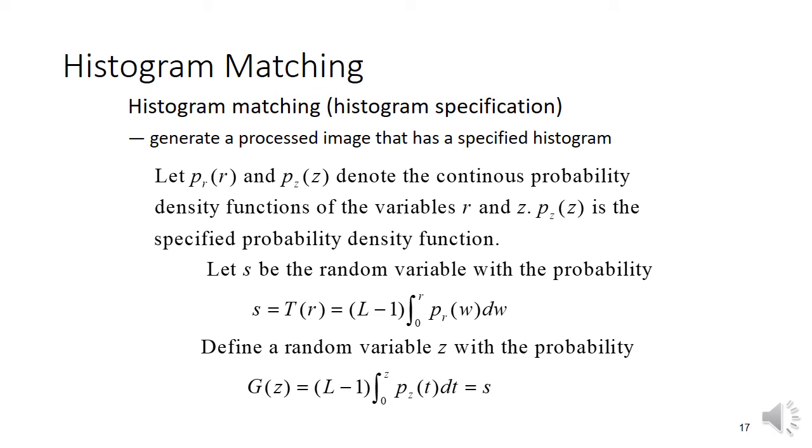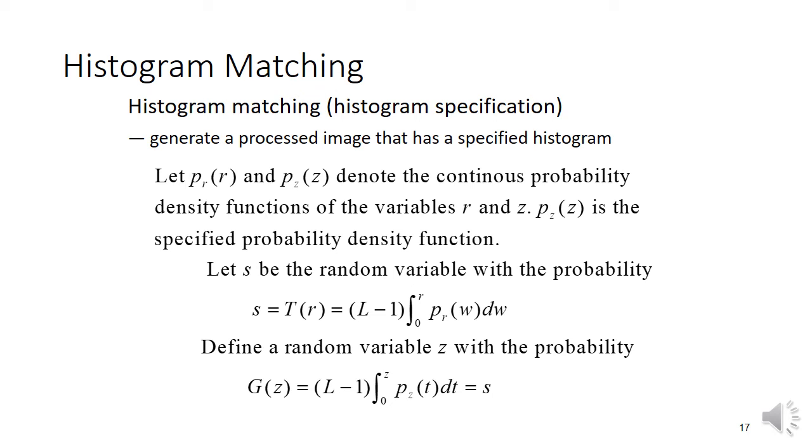Similarly, let s be a random variable, obtained after applying a transformation function upon input value r, which is equal to (L minus 1) times the integral from 0 to r of p_r(w) dw. And we define a random variable z with the function G(z).